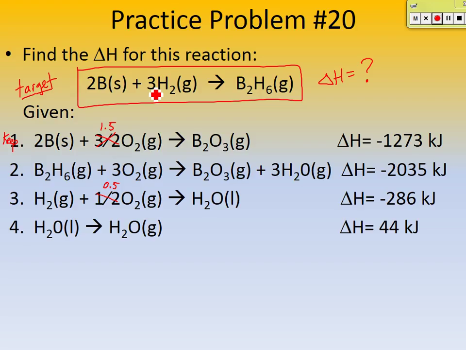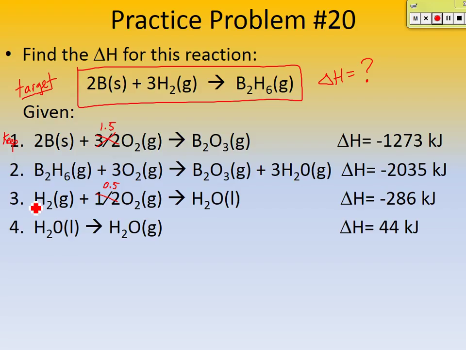Where do you see H2? Because I've got 3 moles of H2 in the target equation. Where do you see H2? In the third equation. Is that the only place you see H2? It is. So, guys, the only way to get 3 moles on the left, it's already on the left, but I only have 1 mole.